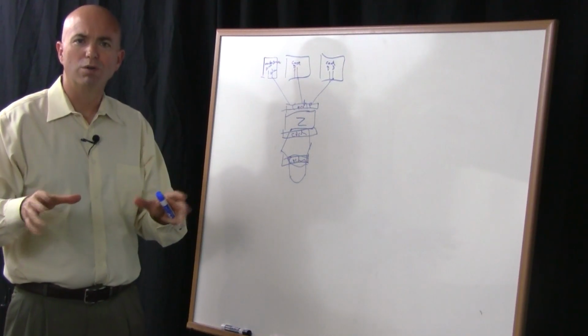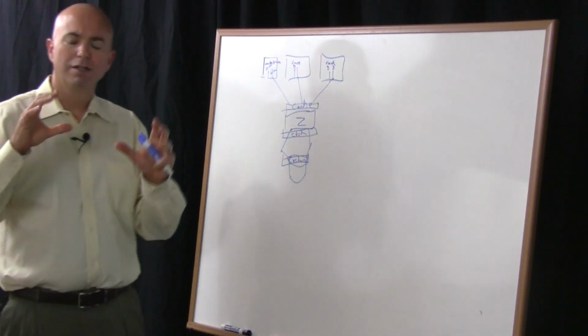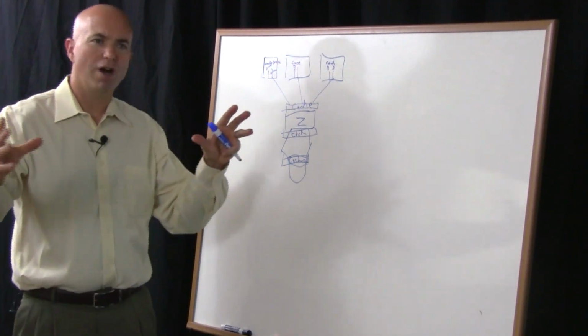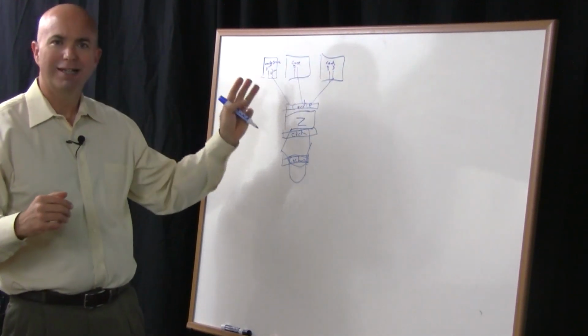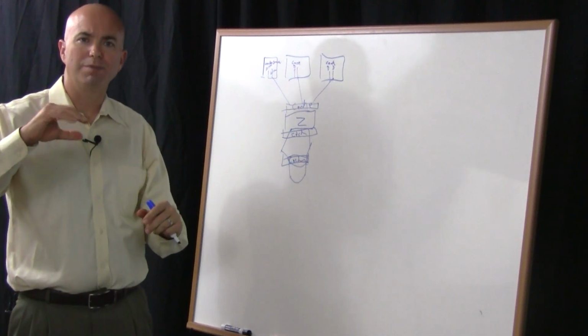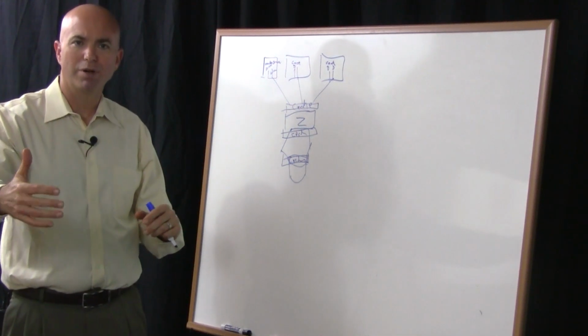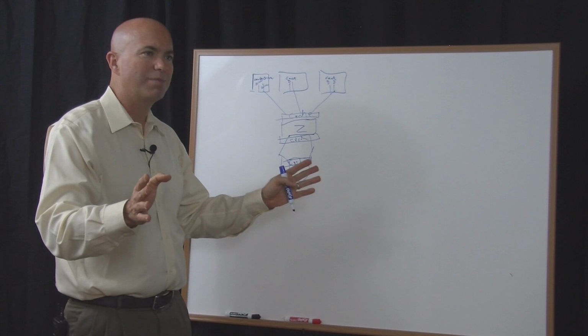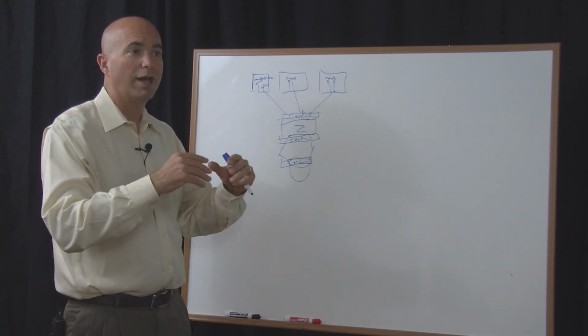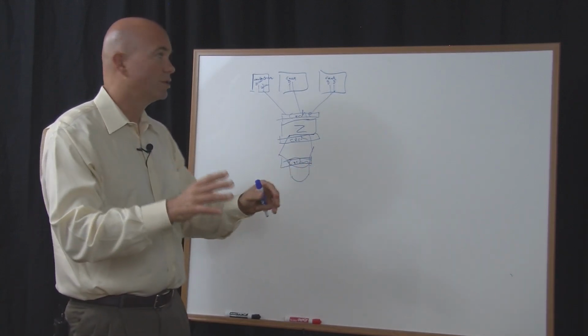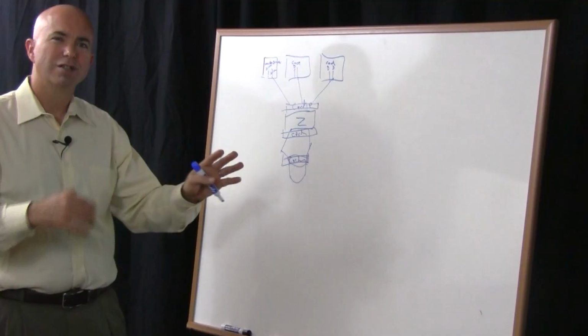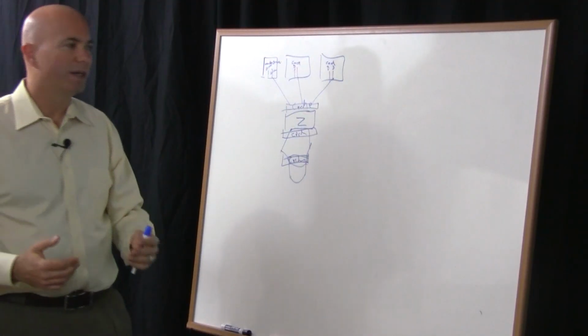So in 2.0, what we want is a shared cache environment, so any server can get to any cache. We want it to be transparent to the operating system, so it works with anybody's operating system. And we want a single driver, so we're not loading a stack of drivers. So let's diagram what that might look like.